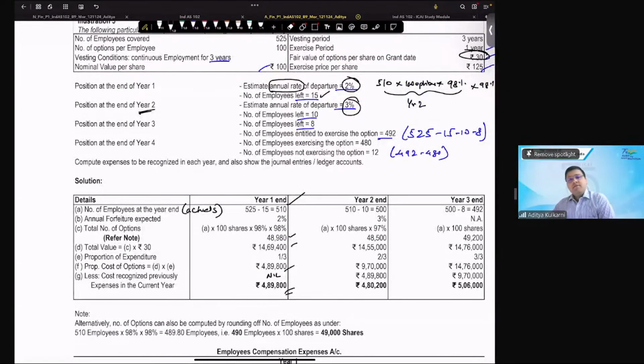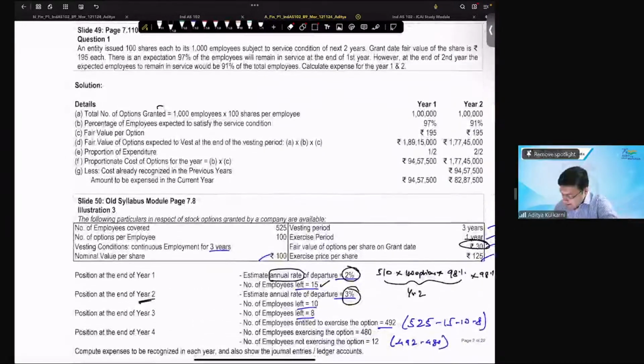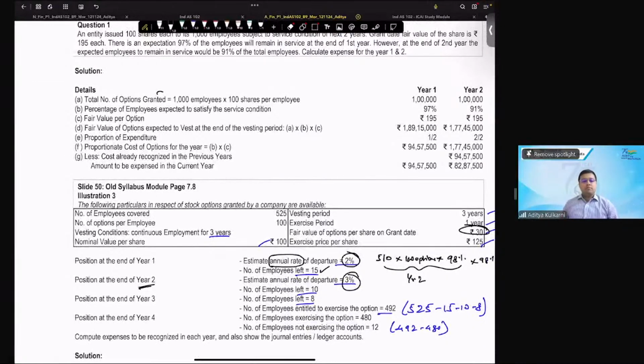Yes, sir. Okay. Can somebody try year 2 by themselves and confirm to me what the expense will be? Try year 2. You guys are trying?